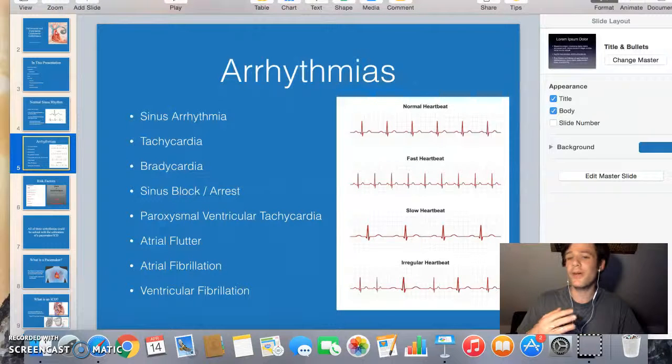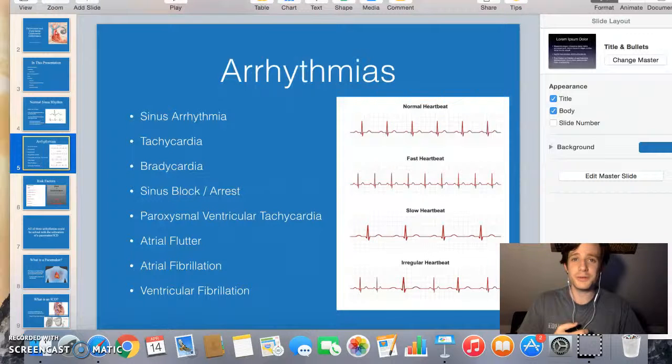Then there's paroxysmal ventricular tachycardia, which I'll call PVT, and that's when you experience a bout of very high heart rate with the nervous stimulation originating from the ventricles. Then we have atrial flutter, in which the atria contract multiple times for each ventricular contraction.